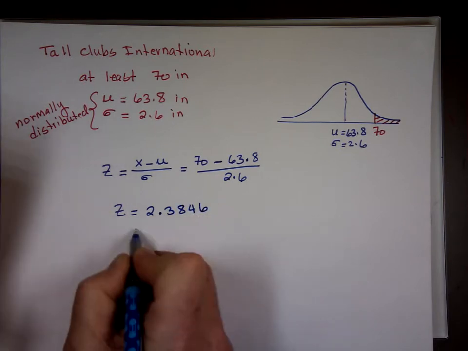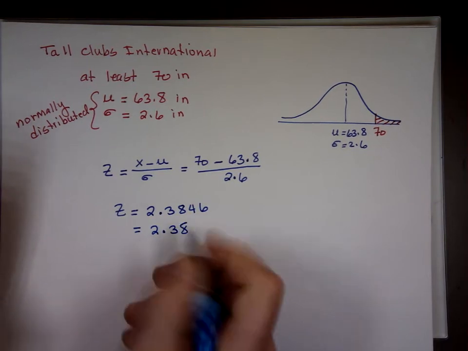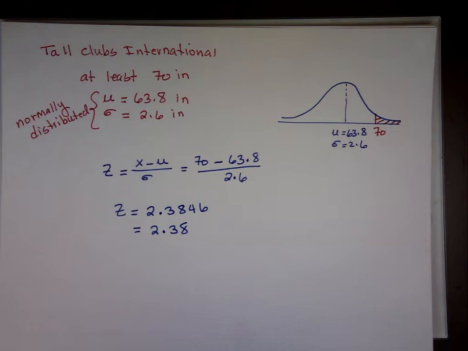So that number becomes 2.38. Always 2 decimal places. Why? Because when you go to the table to look for that, you need 2 decimal places, one for the left side, one on the top.